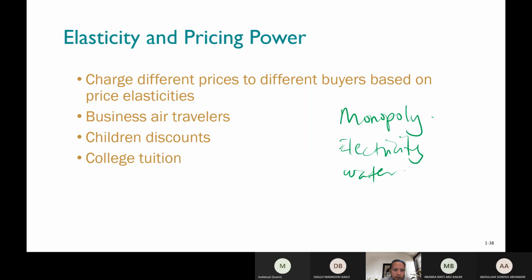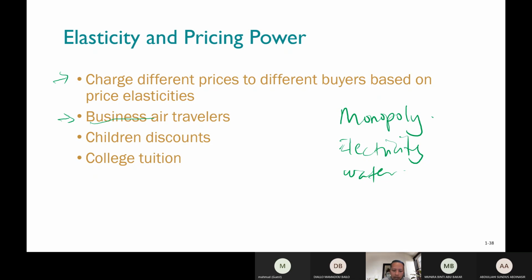But in terms of different applications, for example, in the case of different customers purchasing a flight ticket. Usually business air travelers, people who frequently use aeroplanes for business purposes, are inelastic in terms of the price.